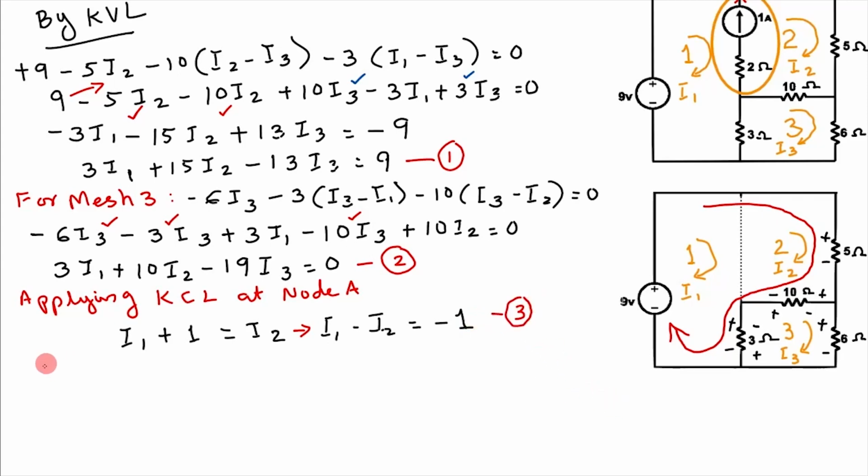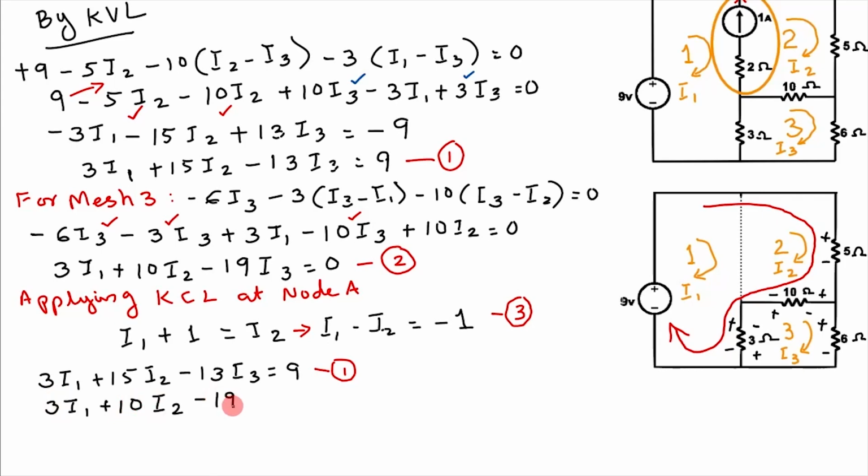So we have got 3 equations. 3 I1 plus 15 I2 minus 13 I3 is equal to 9, which is equation 1. Then 3 I1 plus 10 I2 minus 19 I3 is equal to 0, which is equation 2, and I1 minus I2 is equal to minus 1, which is equation 3.